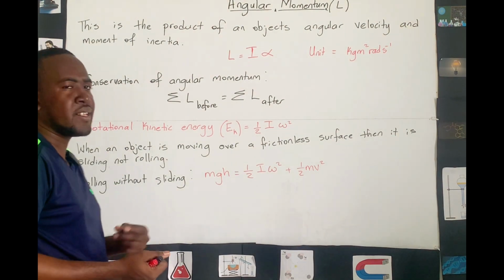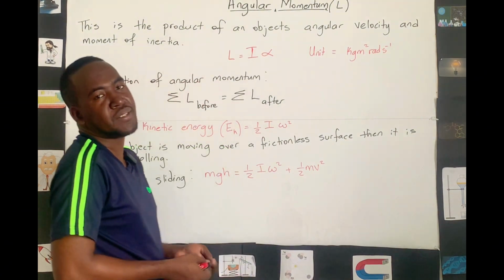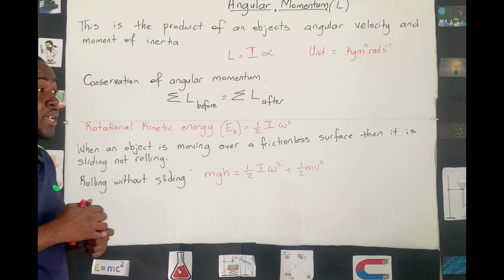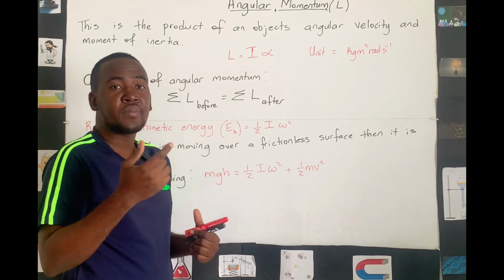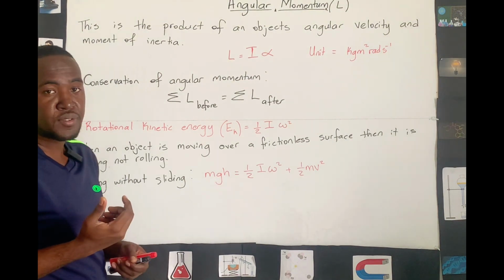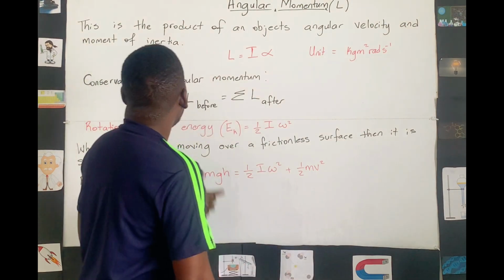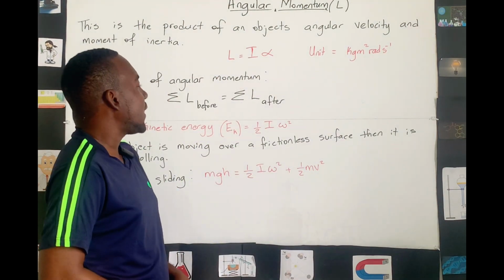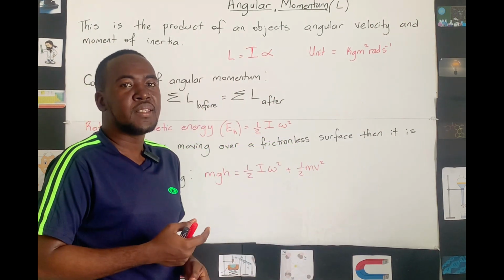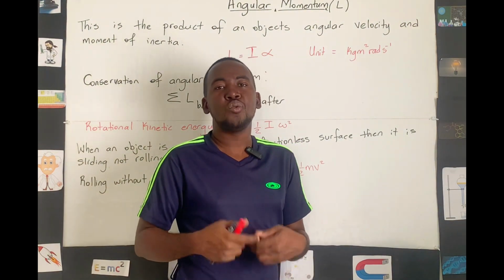Now, just like linear momentum, there has to be a conservation of angular momentum as well. The conservation of angular momentum tells us that if we have an object rotating or spinning, and we change the mass of it, either adding some mass to it or removing some mass from it while it's still rotating, then the angular momentum of this rotational object will be conserved.